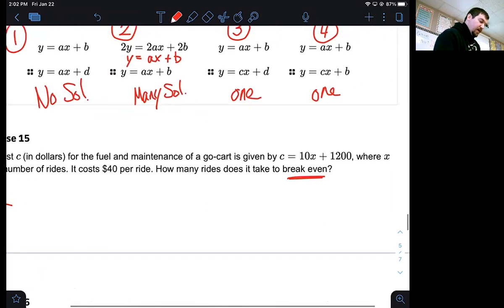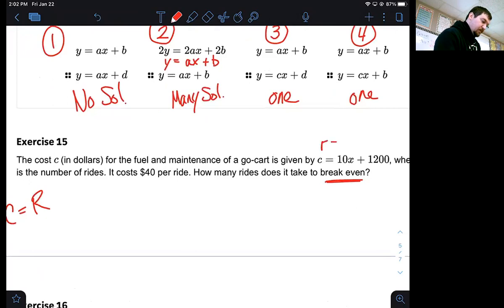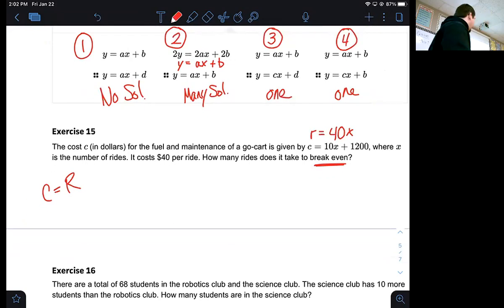So we have our cost equation. What's our revenue equation? 40x. You're making $40 per ride. And so to find the break-even point, I want to find when R equals C. So I want to set those equations equal. 40x equals 10x plus 1,200.